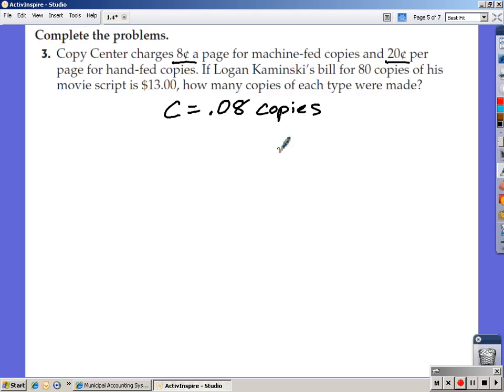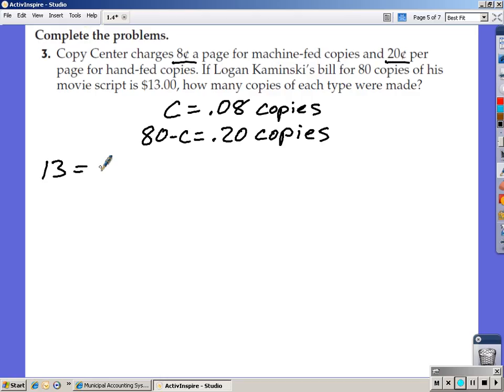And how many did we produce? We did 80 copies total. 80 minus C is going to be 20-cent copies. Okay? Now, we know my total price. My total price paid was $13.